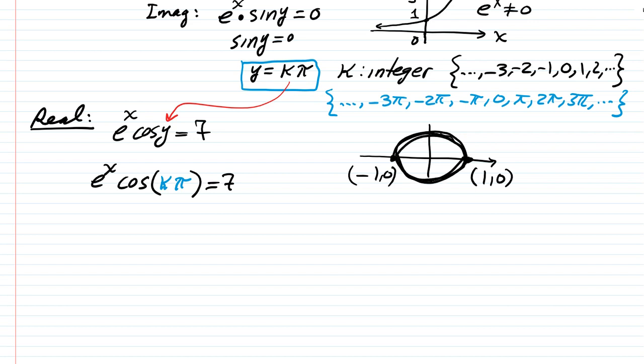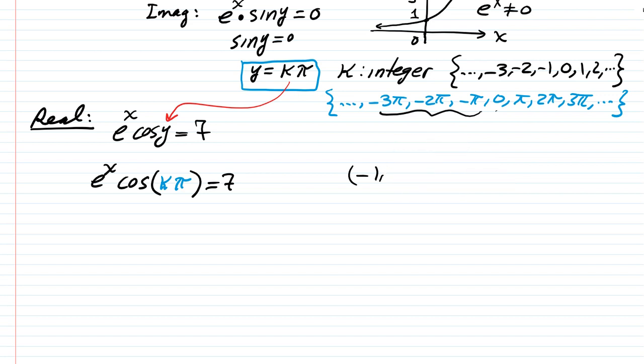So it looks like when k is positive, all of these values will cycle through either 1 or -1. For negative k values, on this side, it's the same thing. -pi, -2 pi, -3 pi, -4, -5, and so on.